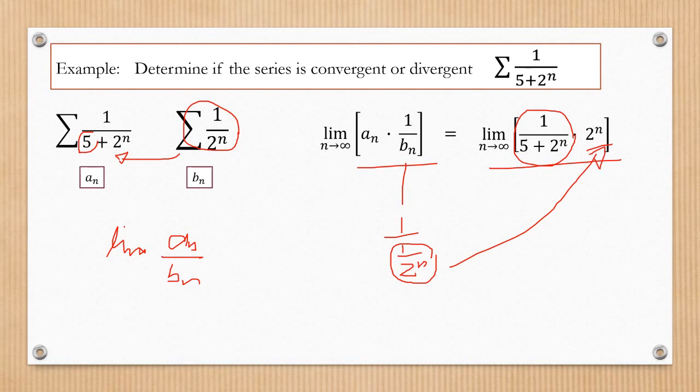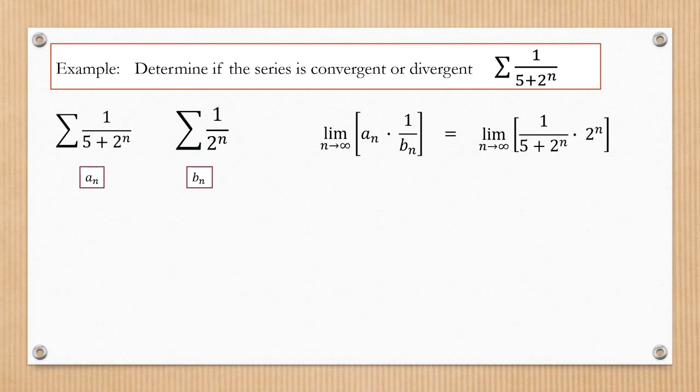So that is equivalent to 2 raised to n over 5 plus 2 raised to n. To get the limit, we know that as n approaches positive infinity, the limit of this entire fraction is equal to 1.